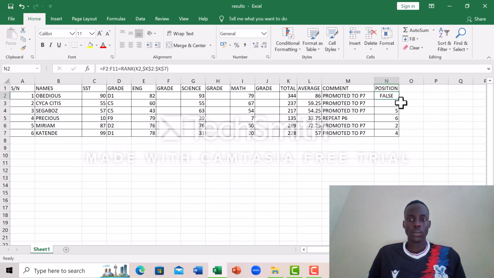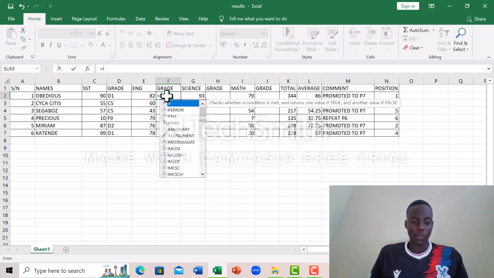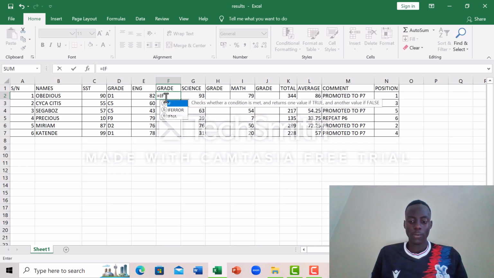Okay. So if we want to grade, grading is an if function. So we shall start by pressing equals to if, open brackets. It will really take long.